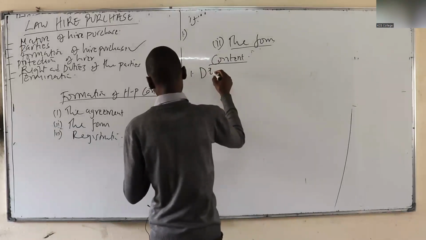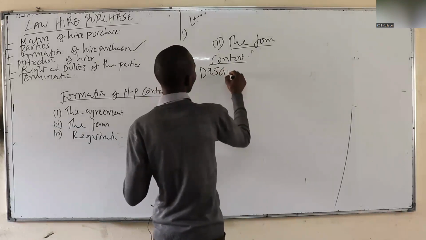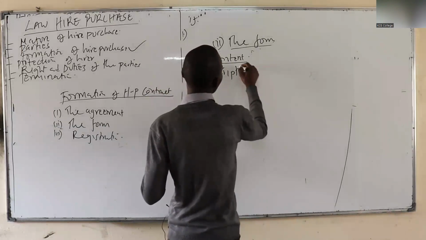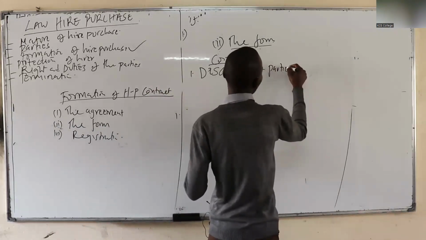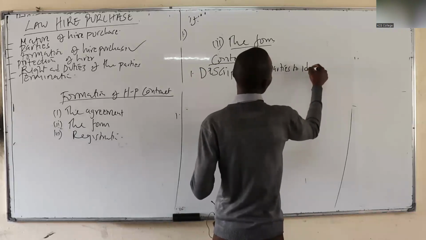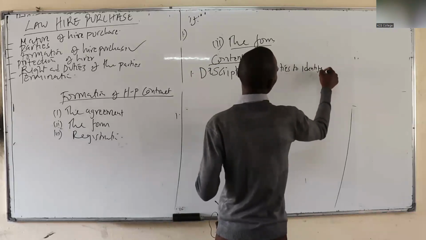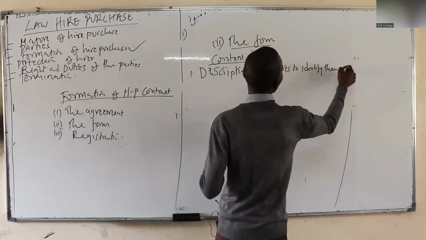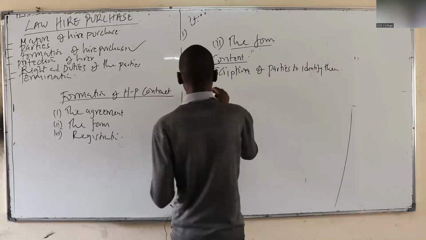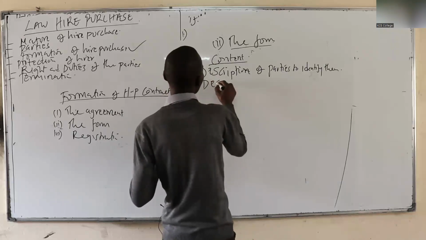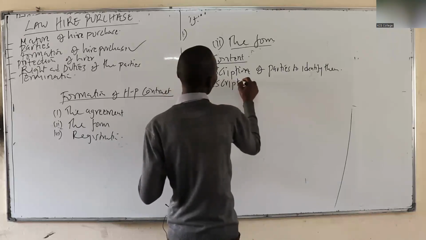Number 1, description of parties to identify them. Number 2, description of good to identify it.